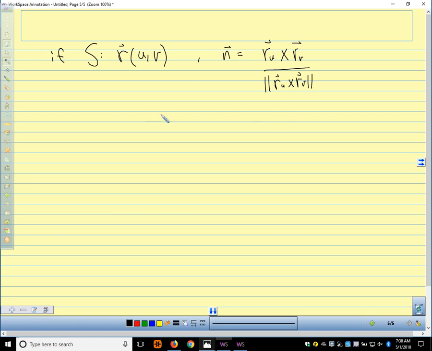And dS for a parametric surface is the magnitude of r sub u cross r sub v dA.